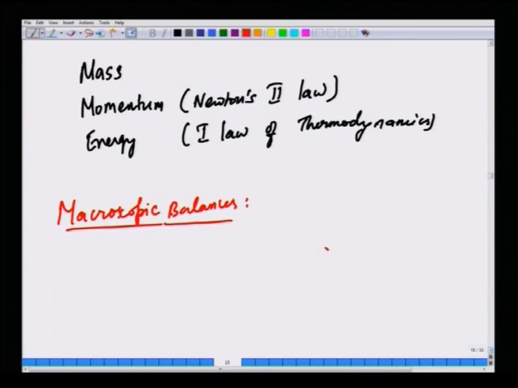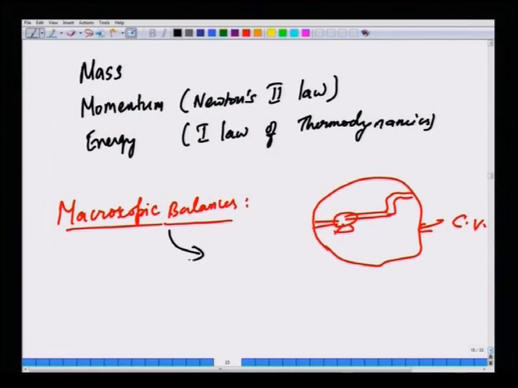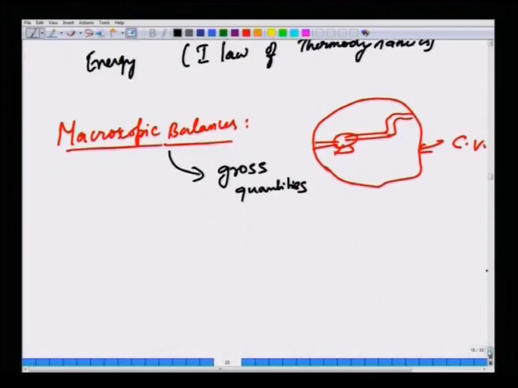Those regions could be so large that they can include a pump and a pipe, and whatever else you have in your problem, inside a huge CV, and then you can apply mass conservation, momentum balance and energy balance to address problems. Such balances are useful, but they give only gross quantities. They cannot give detailed information like what is the velocity at each and every point in space, what is the shear stress at a point on a wall, and so on.